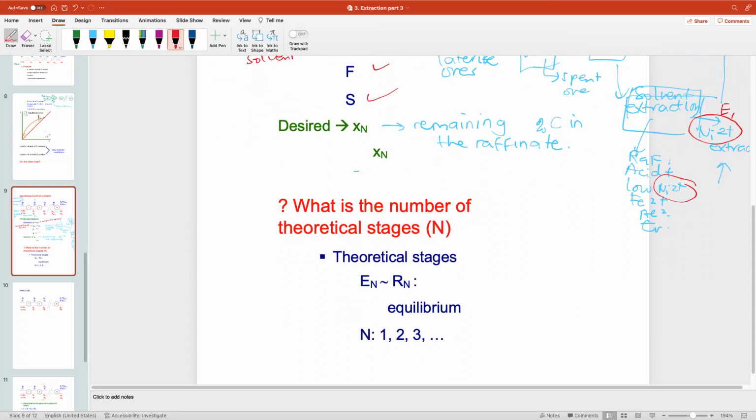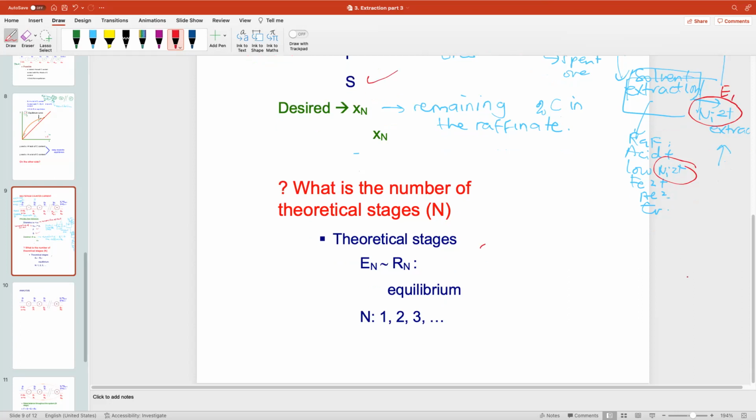So the more theoretical stages you have, of course you can get more of your solute out of the solution, or in my case how much nickel metal I can get rid of from my acid solution. It's based on how many stages of my solvent extraction.